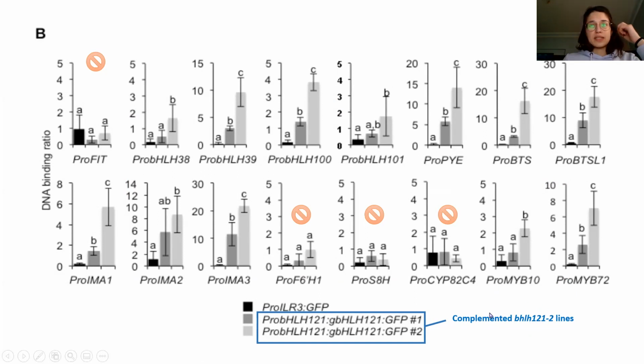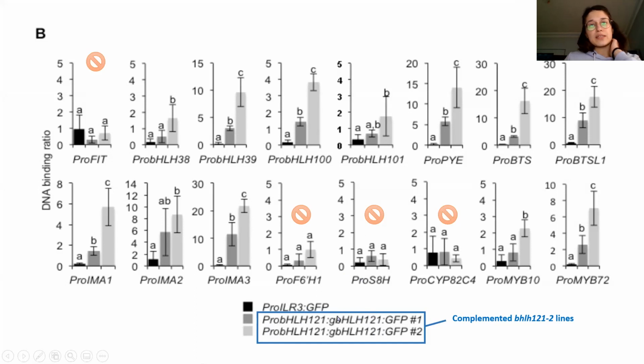So since the growth defects are rescued, they just use this complemented line. To this construct, they have also added GFP protein because for the ChIP assay, they will use anti-GFP antibodies so that the chromatin part of this construct can be taken.